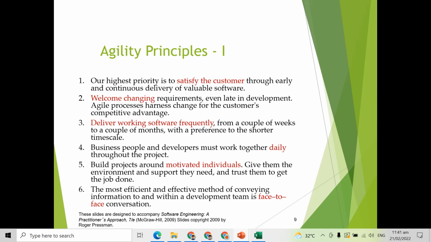Fourth, business people and developers must work together daily throughout the project. Then fifth, build projects around motivated individuals, give them the environment and support they need, and trust them to get the job done. Sixth, the most efficient and effective method of conveying information to and within a development team is face-to-face conversation.